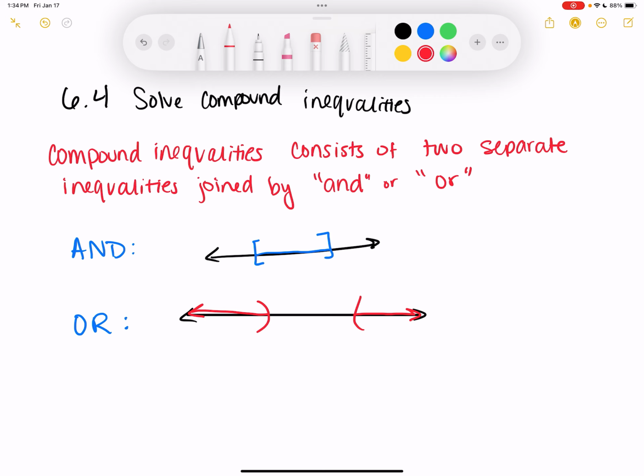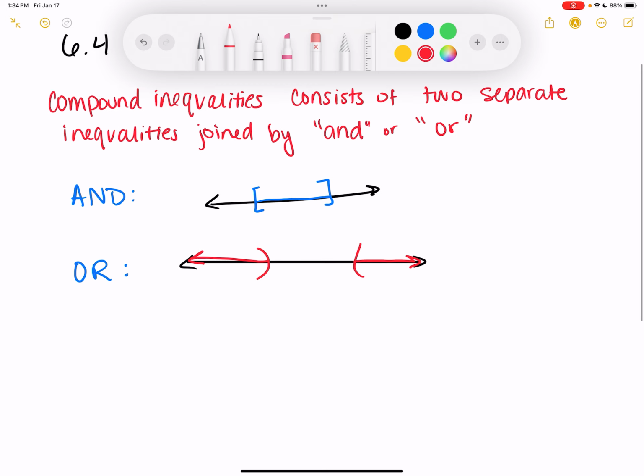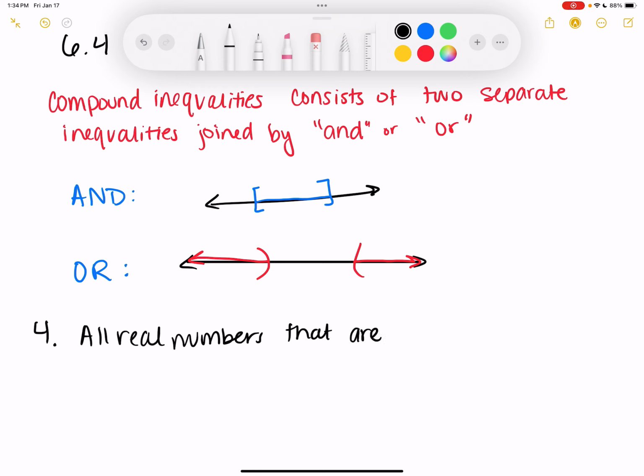All right, so the first ones are translating phrases. If they gave us something like number 4, it says all real numbers that are less than or equal to -8 or greater than 12.